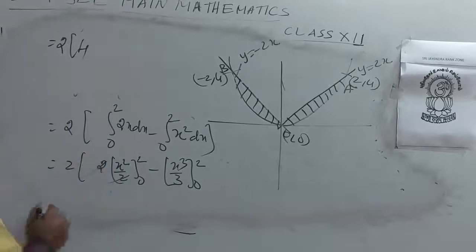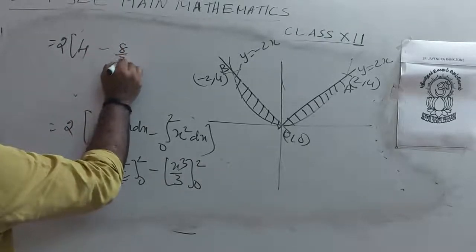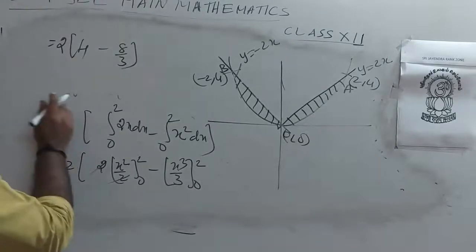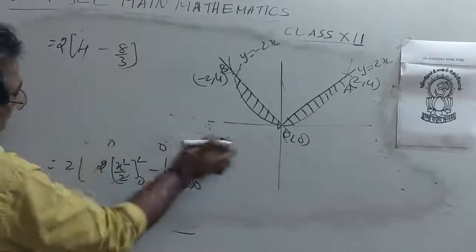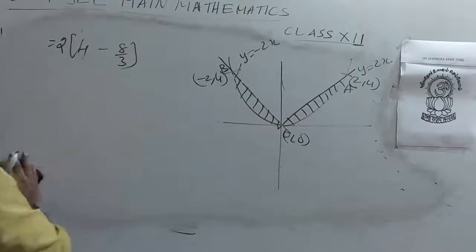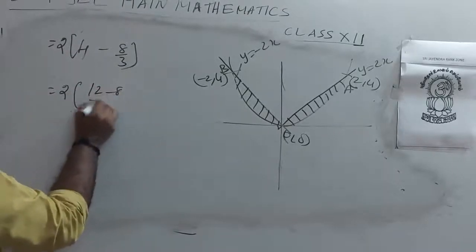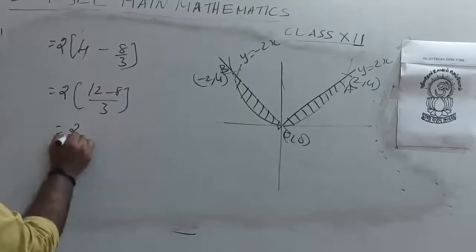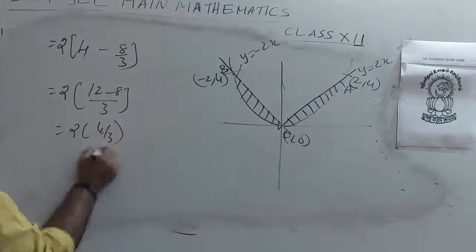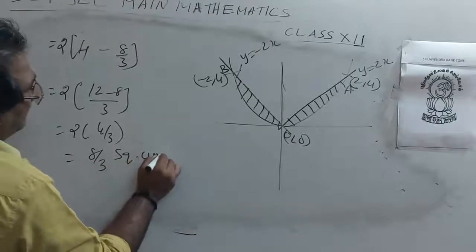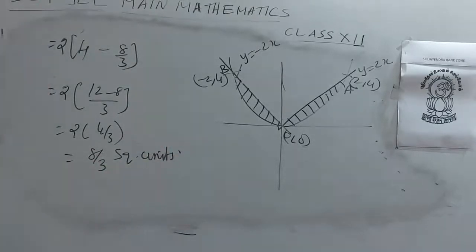Two square 4, minus 8 by 3. 2 into 12 minus 8 by 3. 8 by 3 square units.